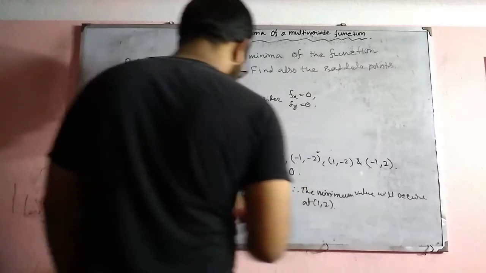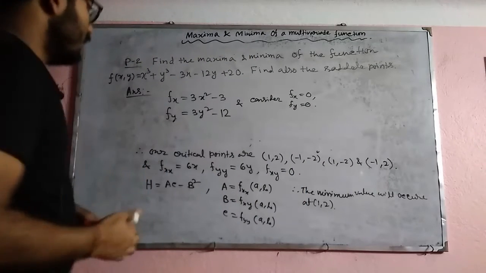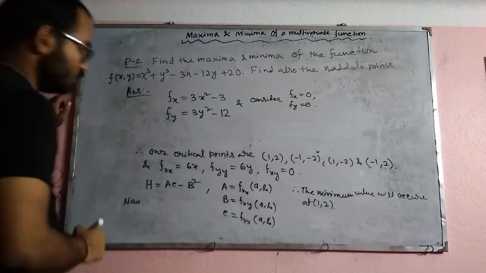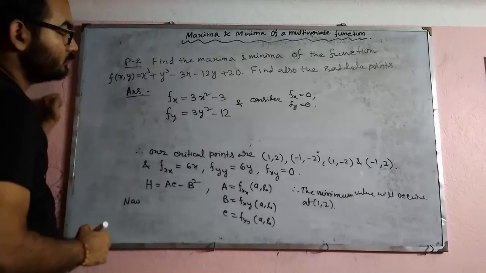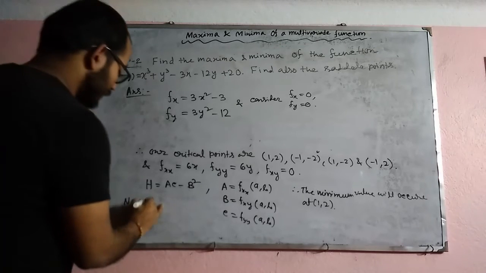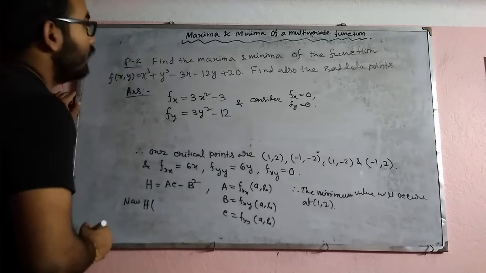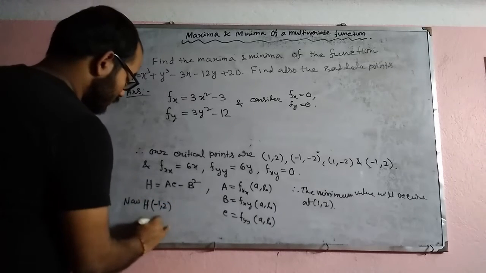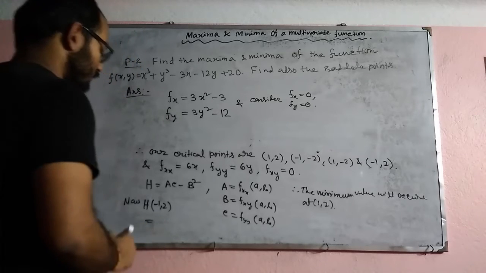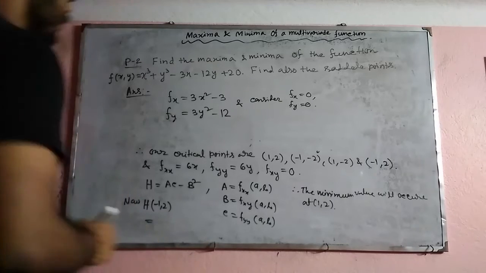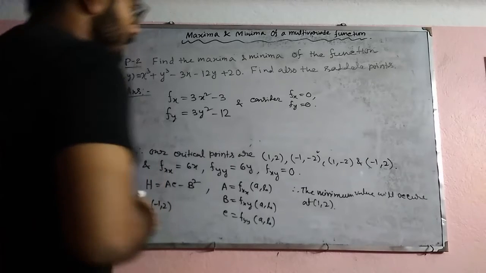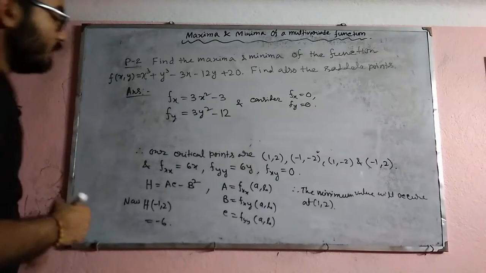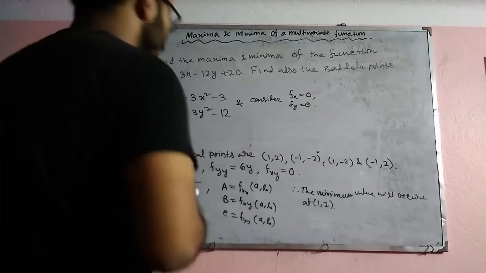Now h of minus 1, 2 is equal to, see, what is f of x at minus 1, 2? That will be minus 6. And what is f of y at the point minus 1, 2?